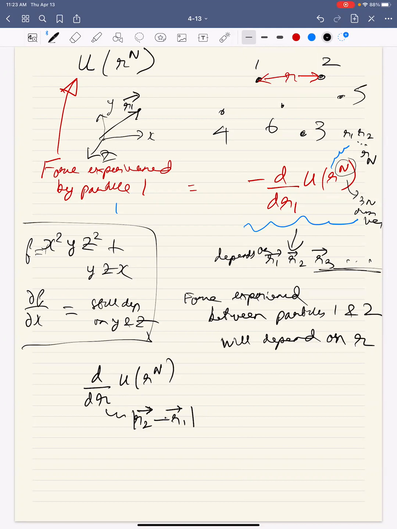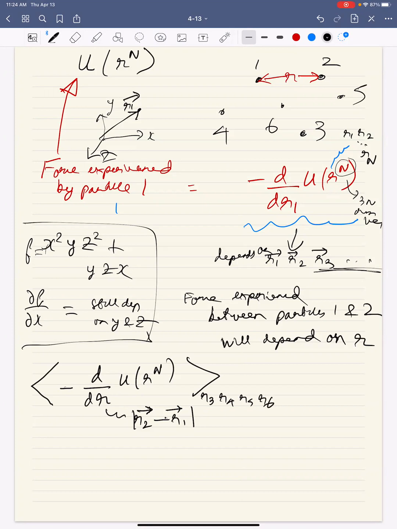So if I differentiate this complicated n-body potential with respect to r, for a spherically symmetric system, if I multiply it by minus, this is telling me the force between two particles, right? But once again, this thing is also going to depend on R3, R4, R5, R6, everything else. Now, I can take an ensemble average over everything else, over R3, R4, R5, R6, then this thing becomes suddenly very interesting.